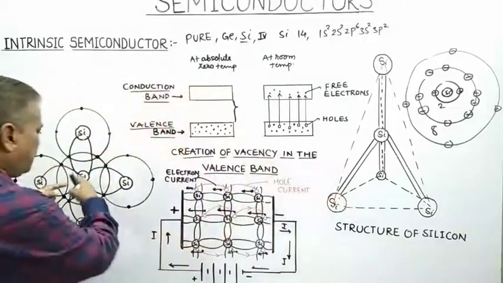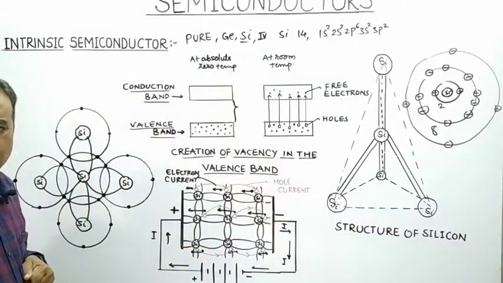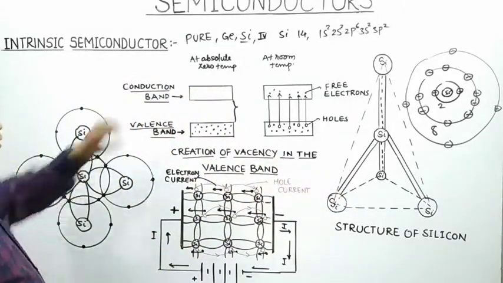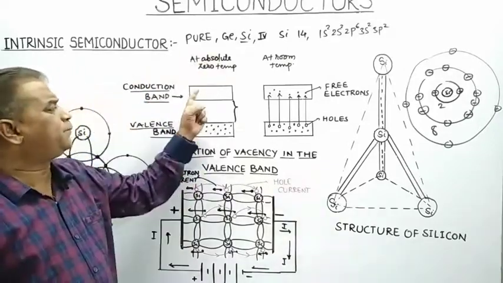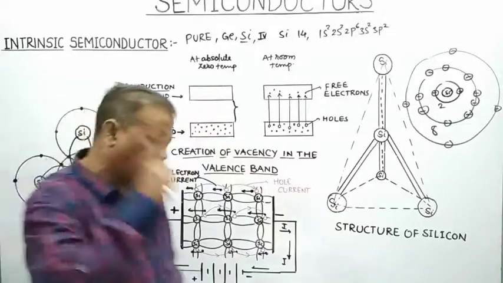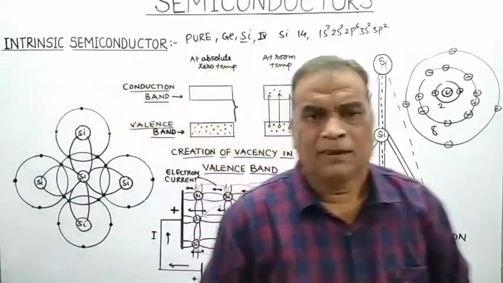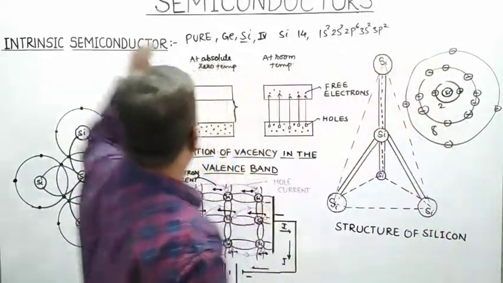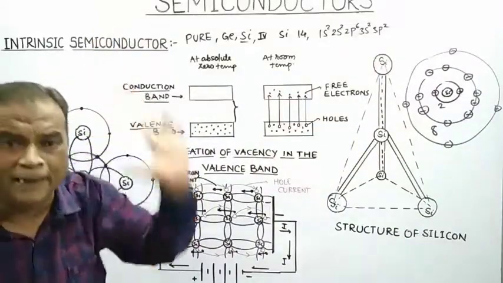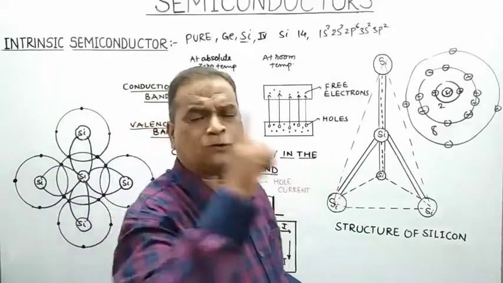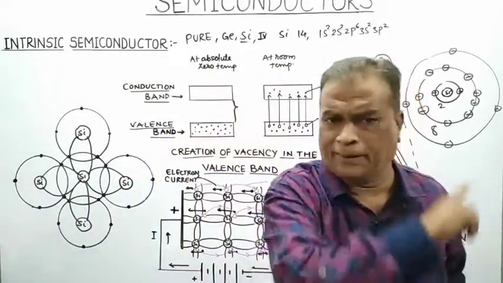No electron is free here for conduction of electricity. So at absolute zero temperature, as no electrons were made available for conduction of electricity, you can draw the conclusion that intrinsic semiconductors, pure semiconductors, behave like a perfect insulator at absolute zero temperature.